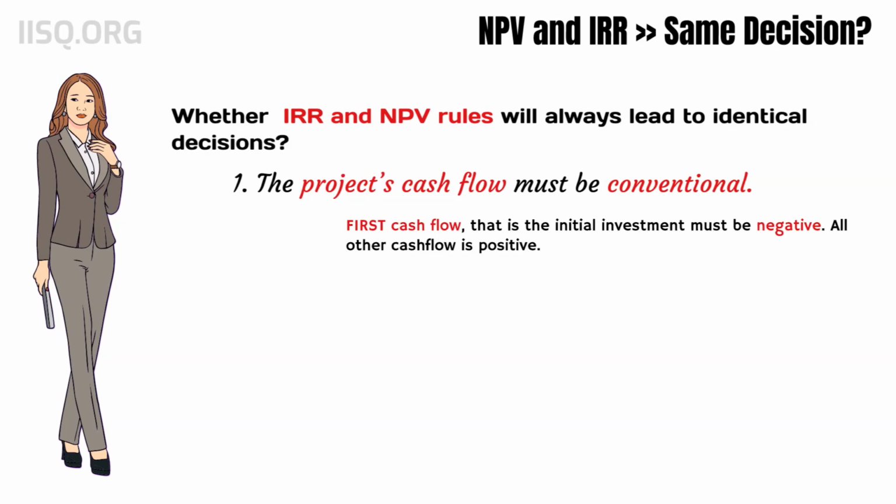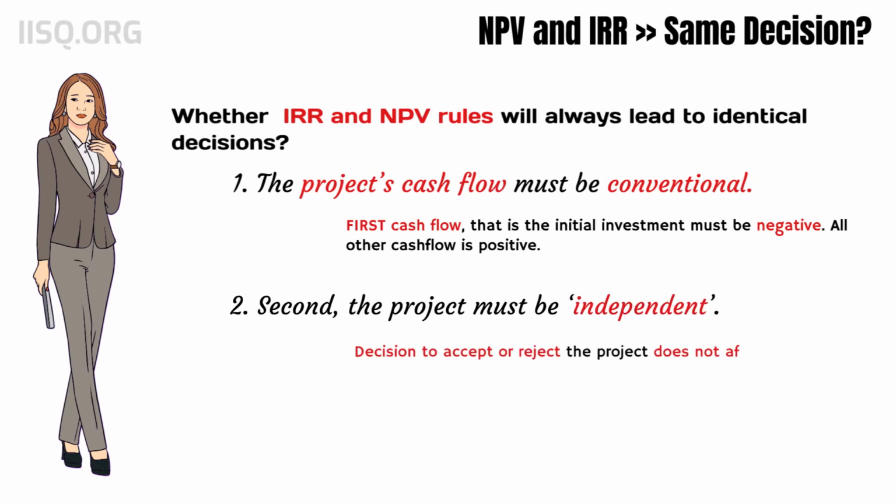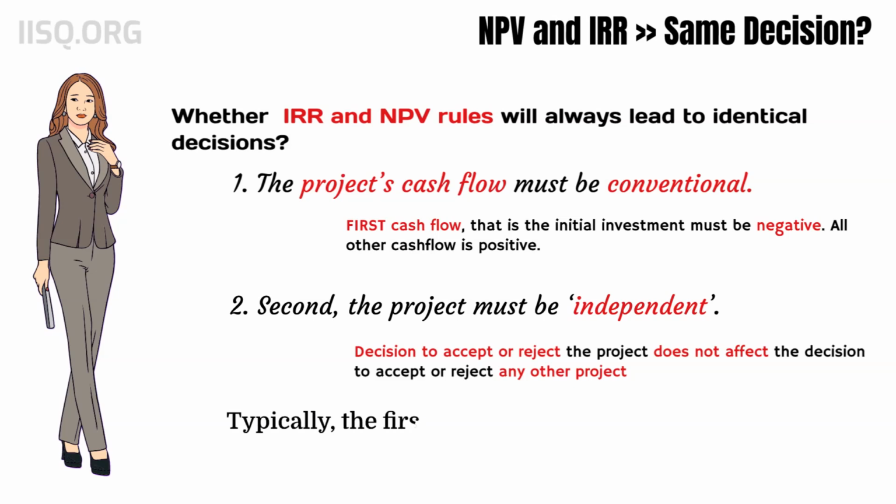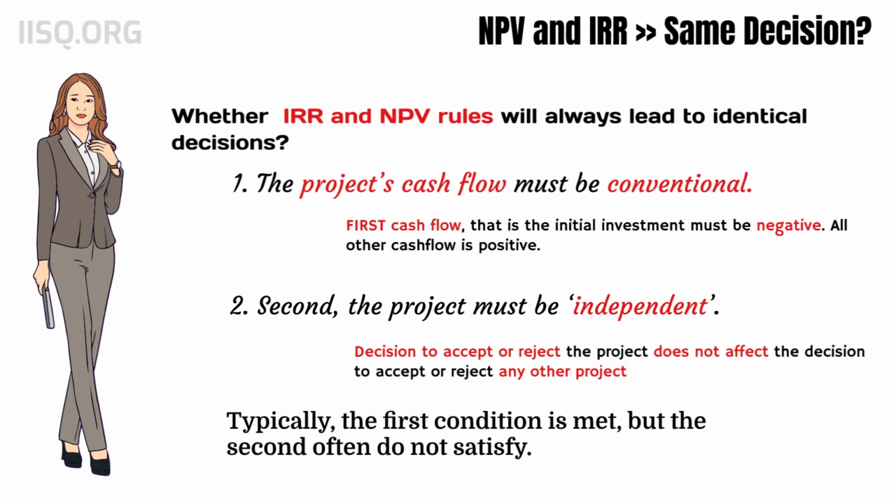This means that the first cash flow, that is the initial investment, must be negative, and all other subsequent cash flows are positive. Second, the project must be independent. This means that the decision to accept or reject the project does not affect the decision to accept or reject any other project. Typically the first condition is met, but the second often does not satisfy.